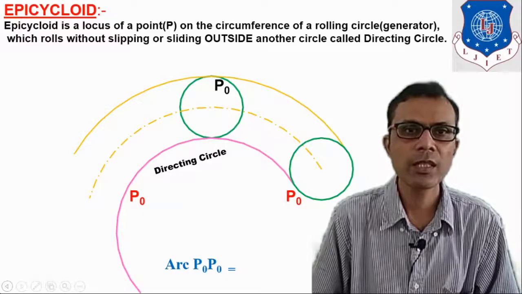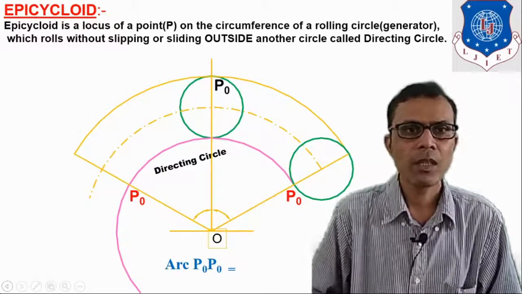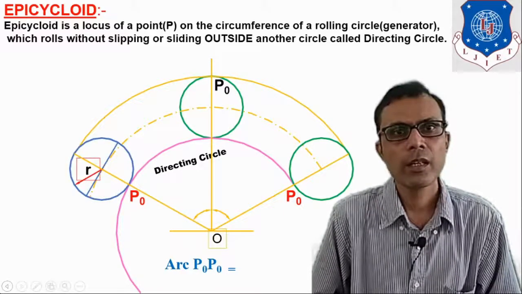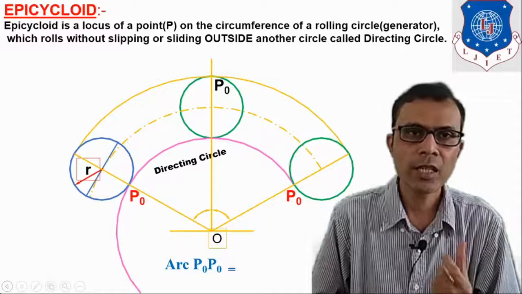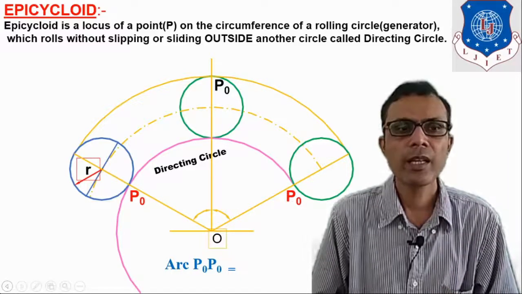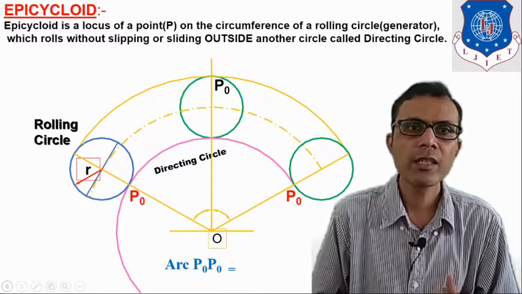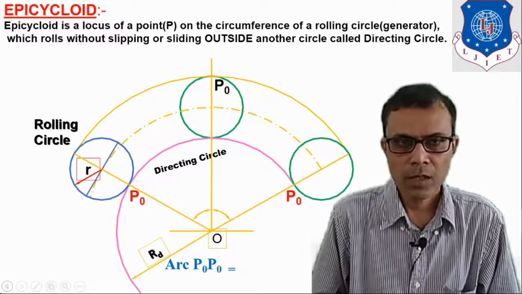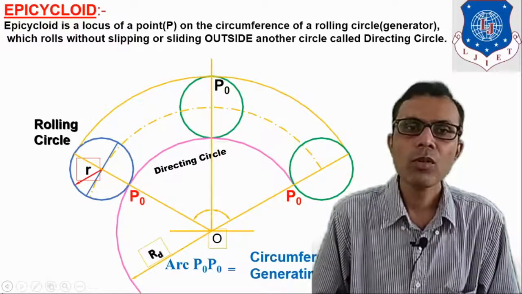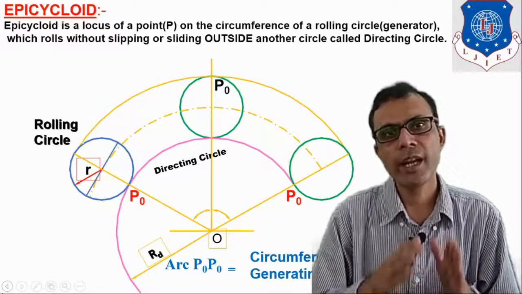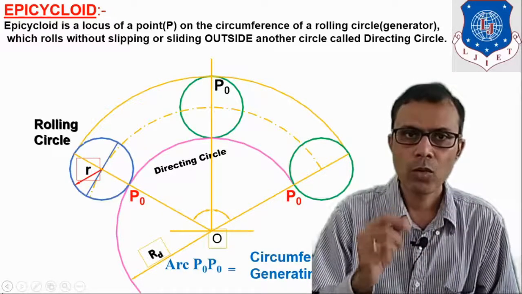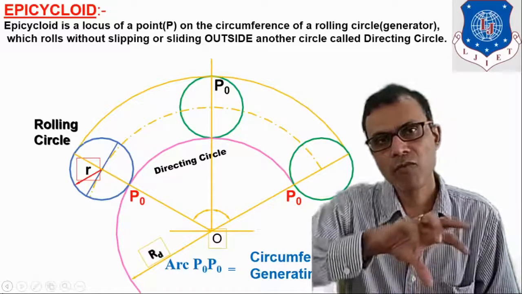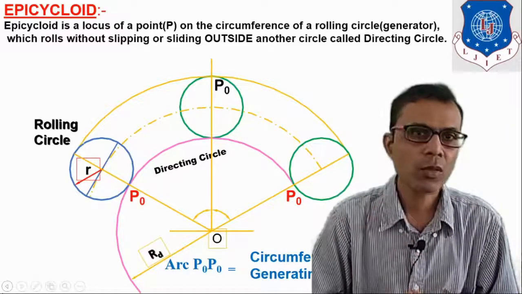Here you can see in this diagram, one directing circle is shown, and there is one rolling circle. The radius of the rolling circle is generally denoted by small r, and the radius of the directing circle is generally denoted by capital R. P0 is the initial point, at contact between the rolling circle and the directing circle. Now we have to consider one complete rotation of this rolling circle.